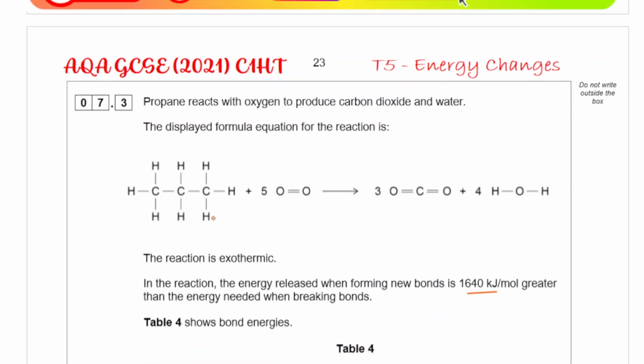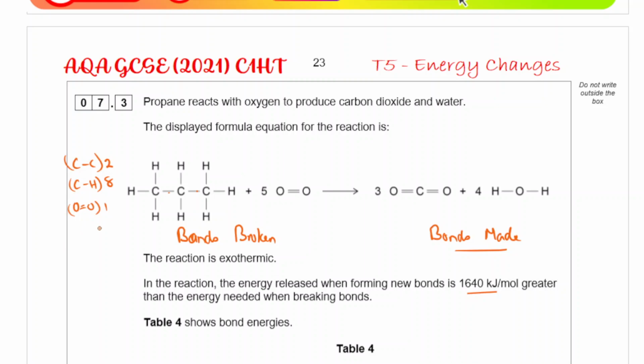So on this side, bonds are broken. And on this side, you've got bonds made. So you have 1, 2, all right, carbon-carbon bonds. Thus, you're breaking 2 of them. 6, 7, 8. So carbon, hydrogen, that's 8 of them. And oxygen, double bond oxygen, that's 1 of them.